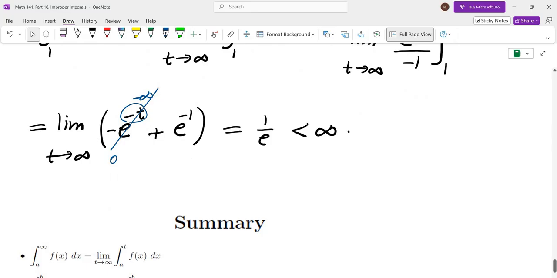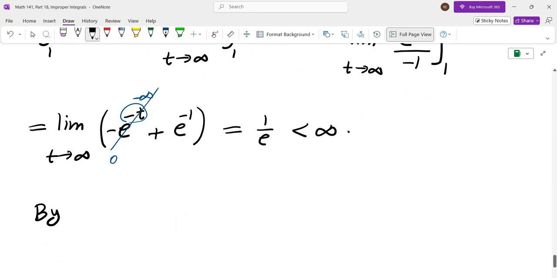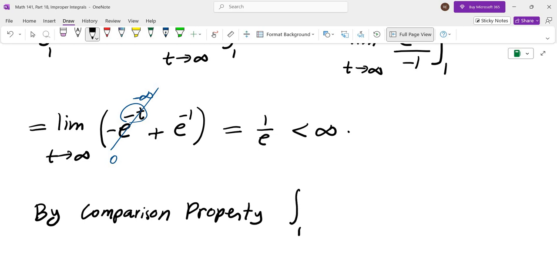So this converges. Therefore, by the comparison property, the other one also converges. So by the comparison property, the given integral of e to the power of negative x squared also converges. And we know that we can start from 0 because the integral from 0 to 1 is already a finite number.